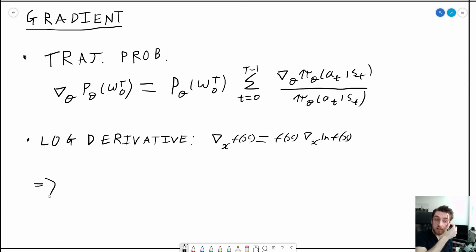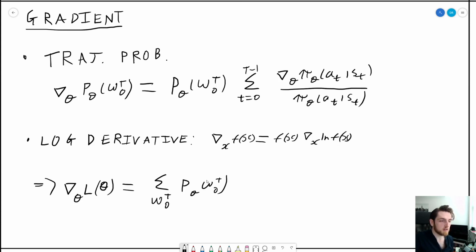We can substitute this into this equation, rearranging in order to rewrite the sum as a sum over the derivatives of the log of the probability. If we substitute this into the overall loss, what we get is a sum over trajectories with the trajectory probabilities, the return of each trajectory, and then the sum over time steps of the derivative of the log of the probability of the policy.